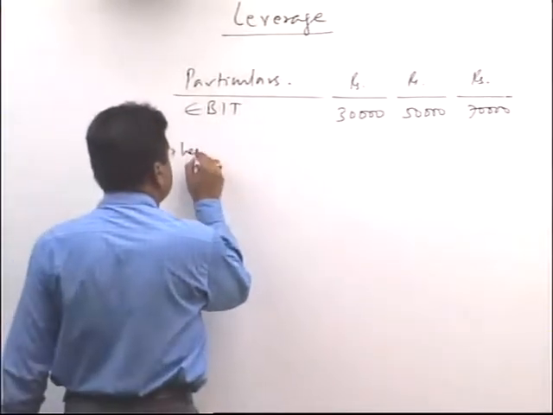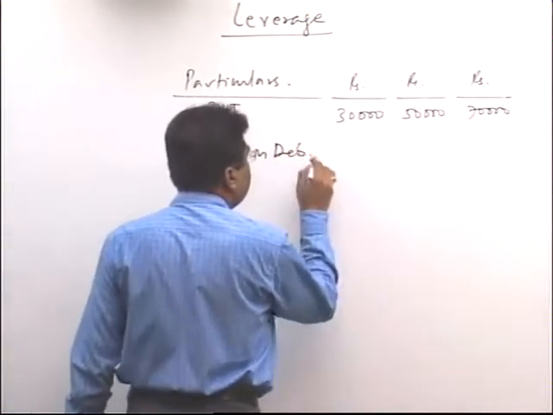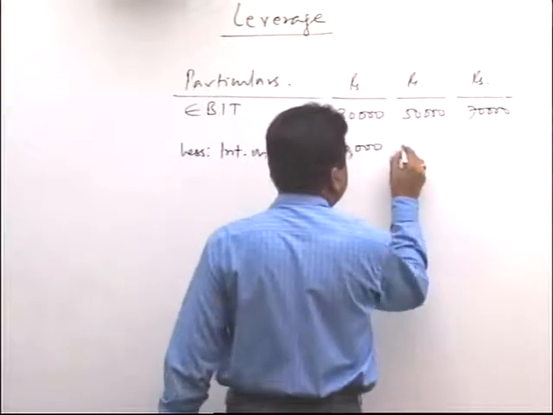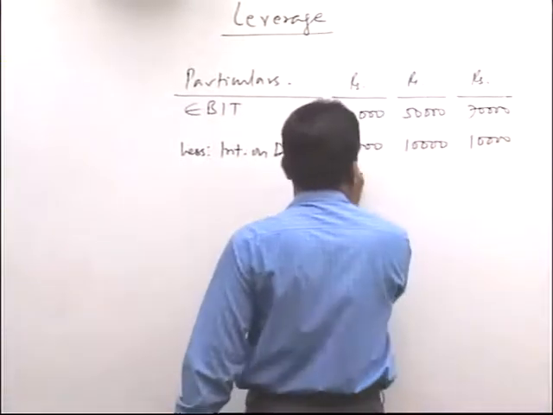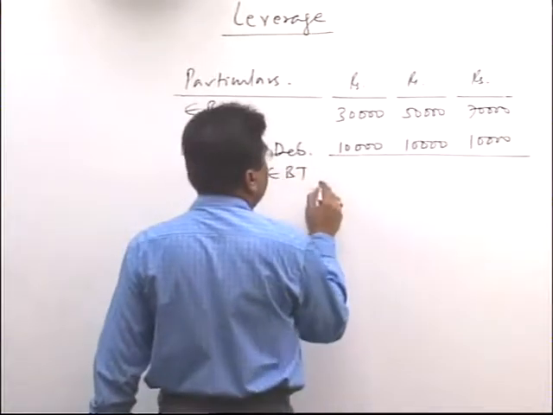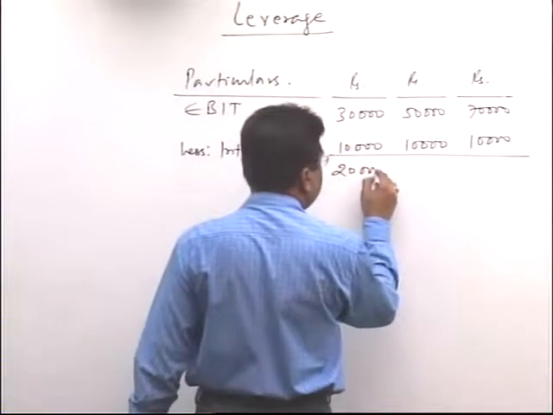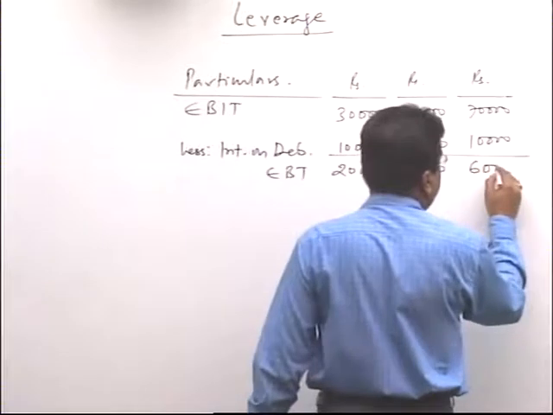So, less interest on debenture 10,000. Then EBT, earning before tax, is 20,000, then 40,000 and 60,000.